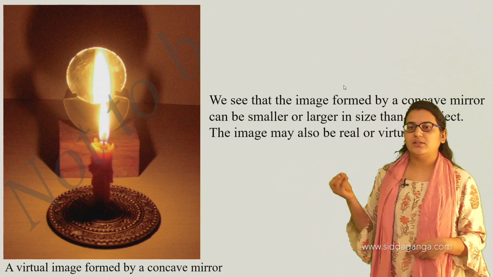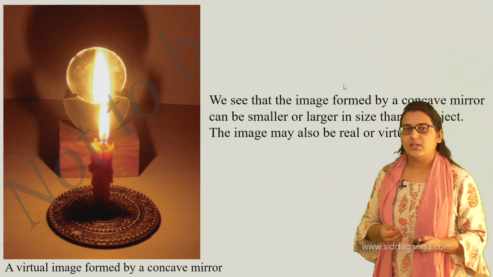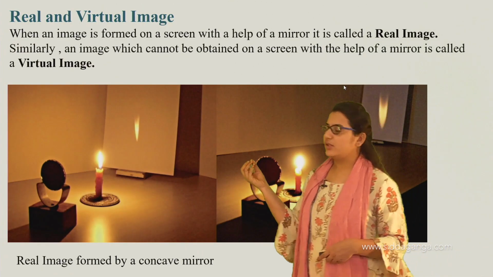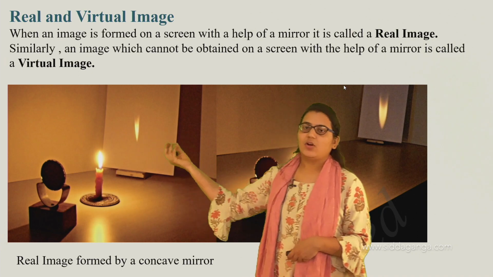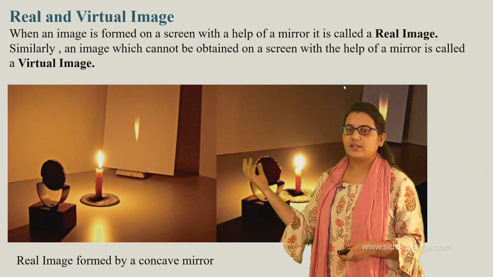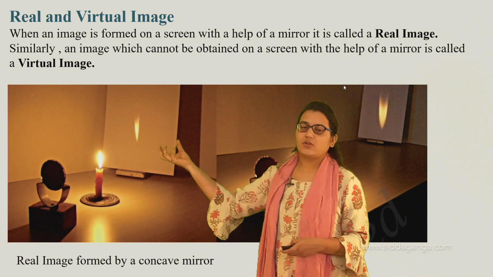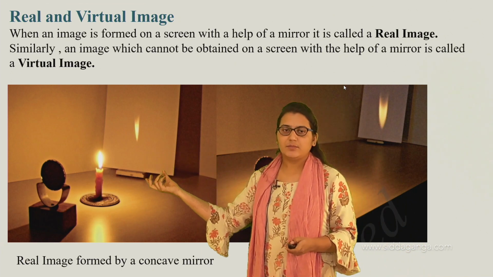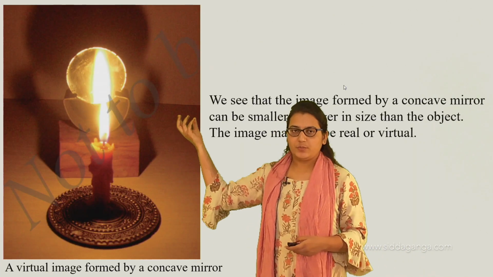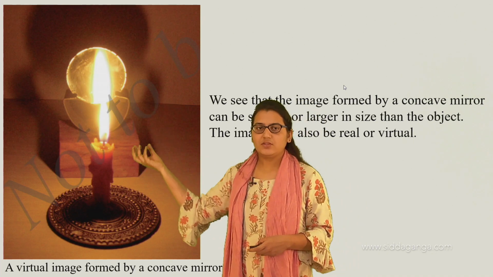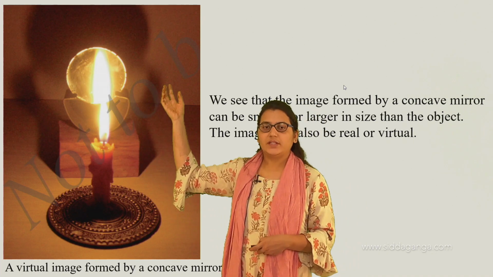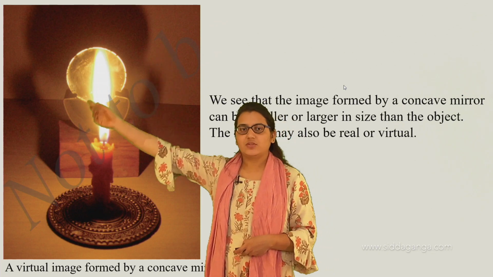The image may also be real or virtual. These are the real images which are obtained on the screen. But if we keep this concave mirror very close, we cannot obtain the image on the screen.